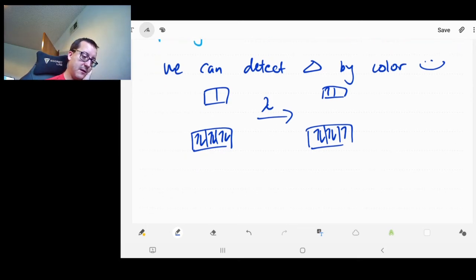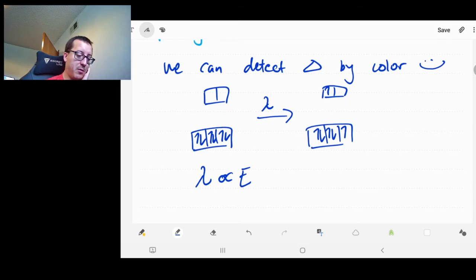Of course, this wavelength of light will be proportional to the energy of the light, which will be proportional to our splitting energy. Just like when we talked about atomic transitions and flame tests, the wavelength of light interacting with your compound is proportional to the splitting energy. So putting different ligands on the same metal can cause your metal to have different colors.